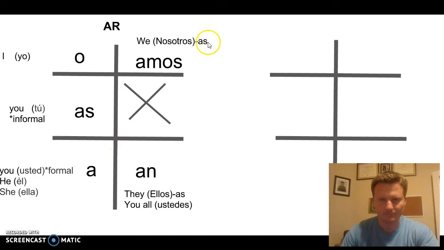Alright, so let's go over here to the right now. And if you look, we're going to go ahead and conjugate the verb hablar. Hablar means to talk or speak. So, looking over here at the AR conjugation chart, if you remember, when you conjugate a verb, the AR will fall off.